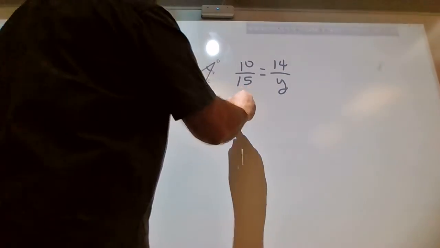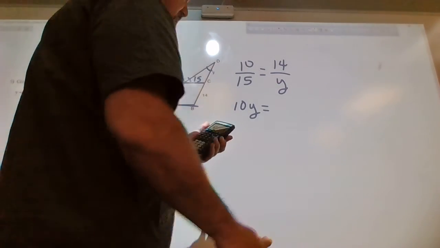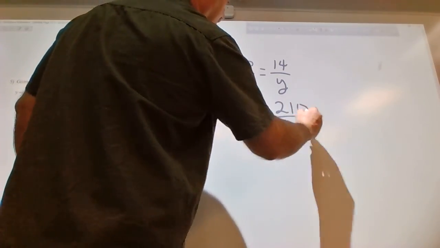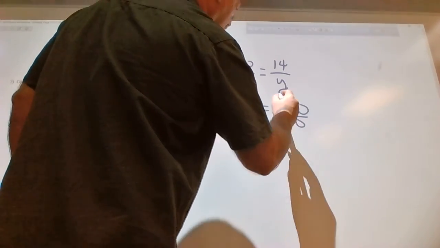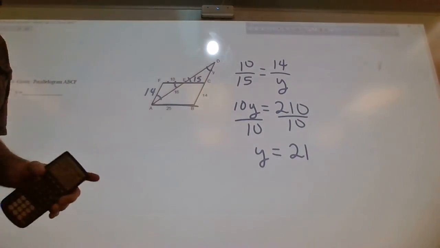Okay, so 10y equals 15 times 14, divided by 10, divided by 10. y equals 21. All right, let me step back and say that again.